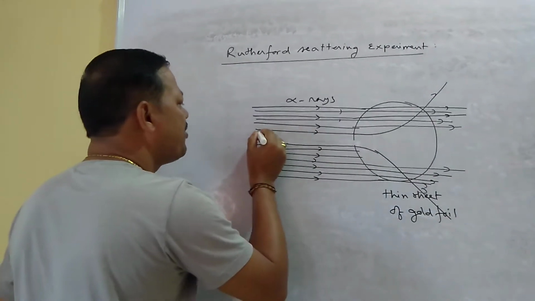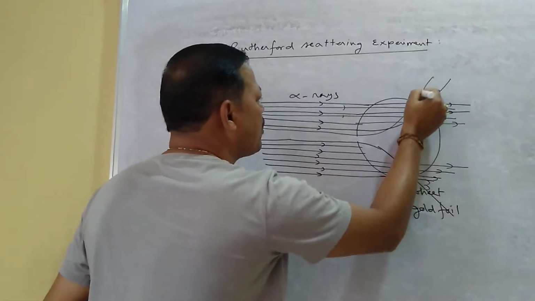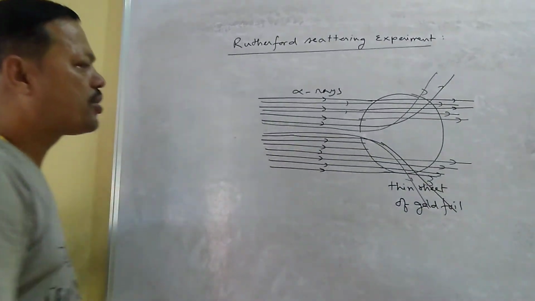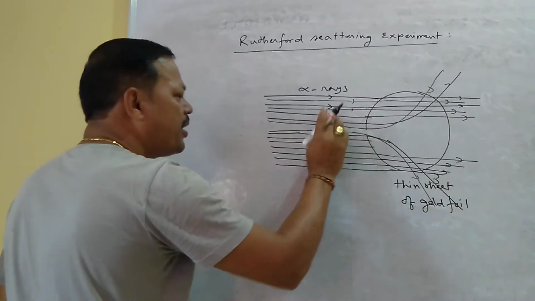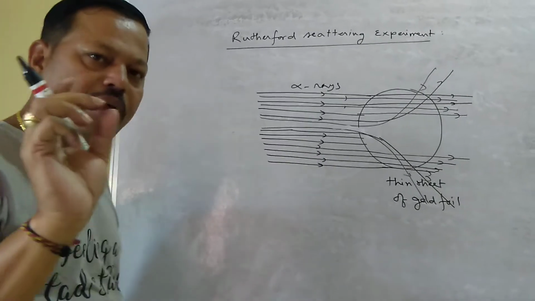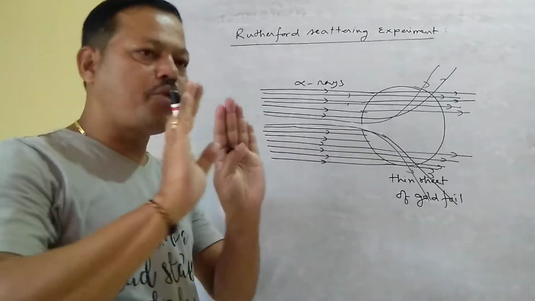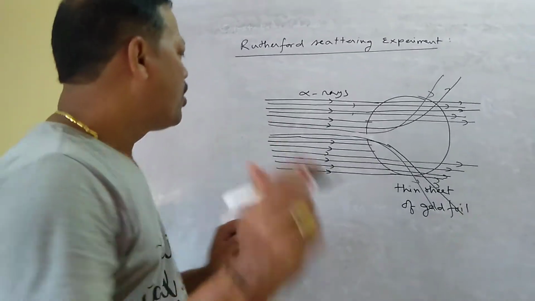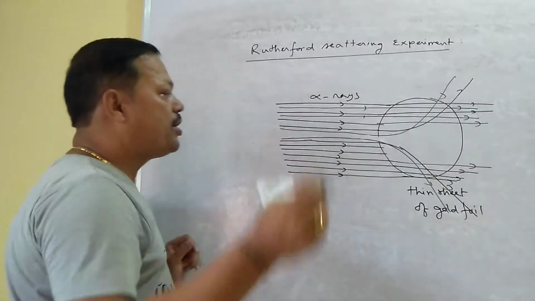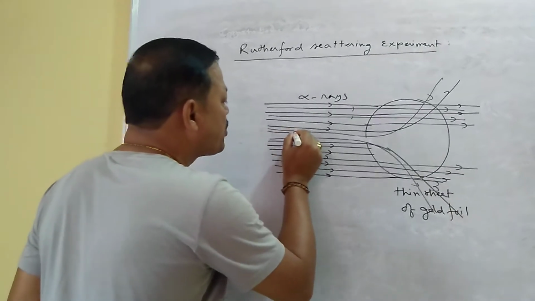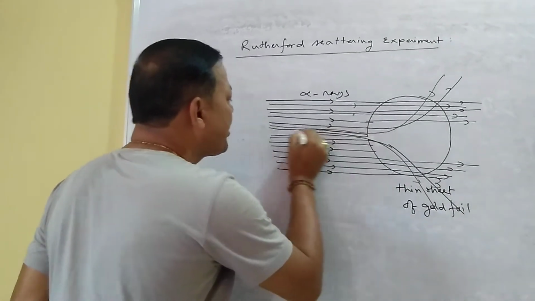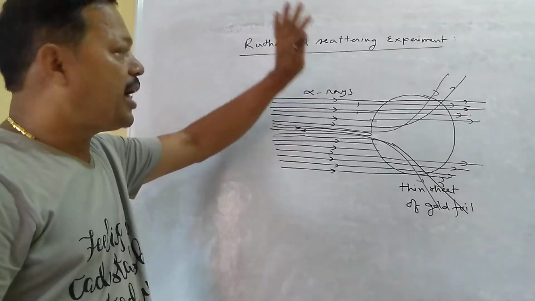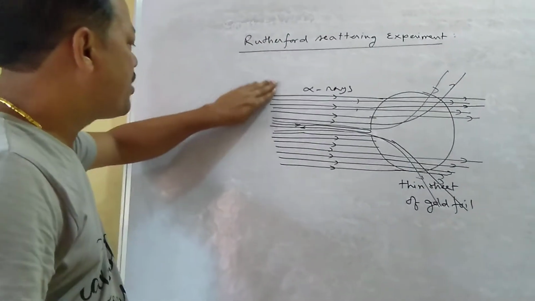Some alpha rays show deflection like this, and a few alpha rays, few means if you pass 20,000 rays, among that only one, I mean 1 in 20,000, when the rays go, the rays come back again. This is the experiment carried out by Rutherford.